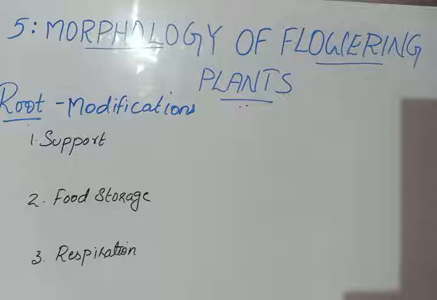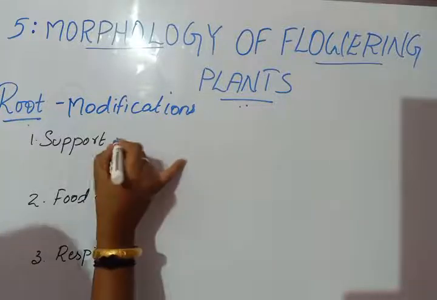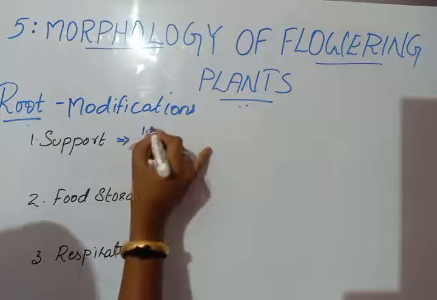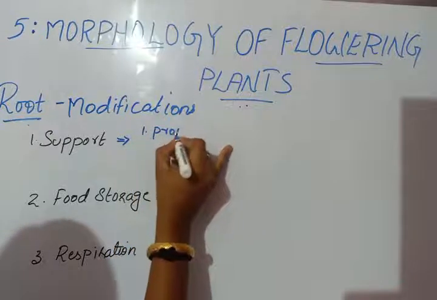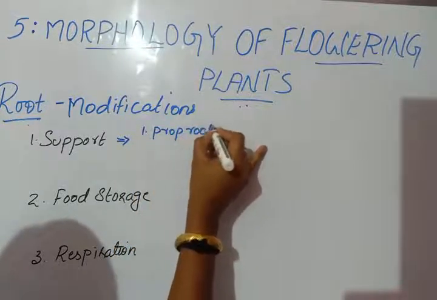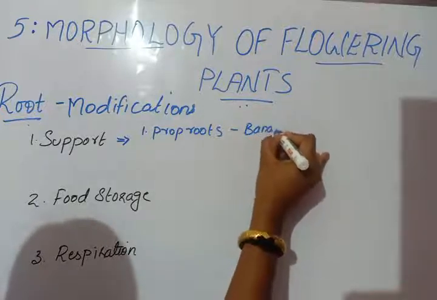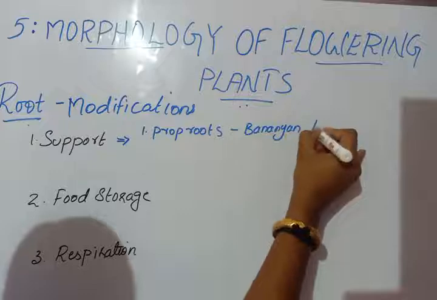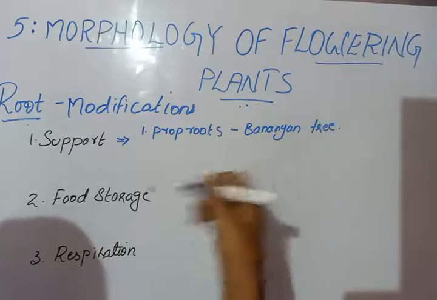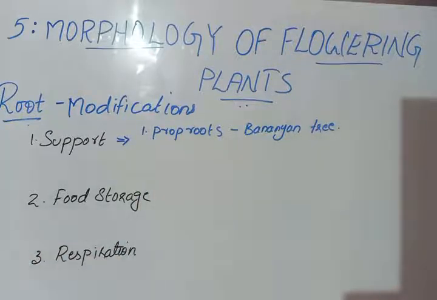Example, prop roots in banyan tree. If you see the huge banyan tree, you can see some hangings coming from the branches.